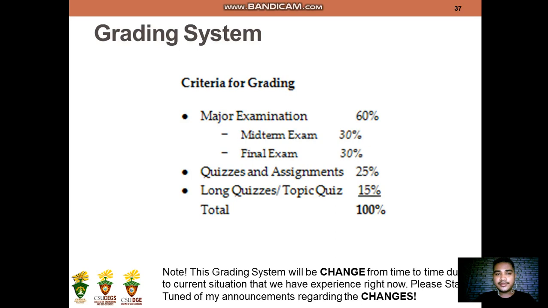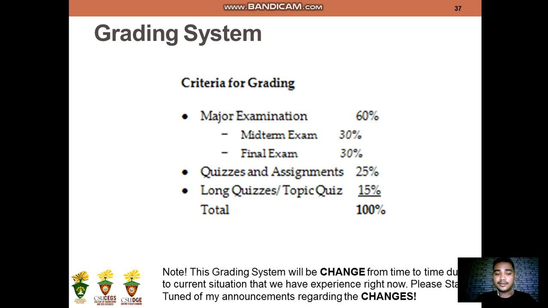So this is the grading system. We have 60% for major examinations that consist of 30% for the midterm exam and 30% for the final exam, 25% for the quizzes and assignments, and 15% for the long quiz and topic quiz, a total of 100%.